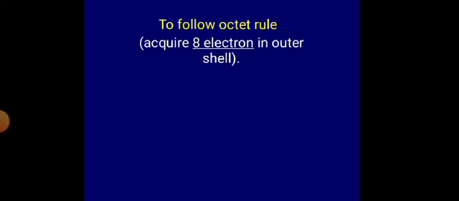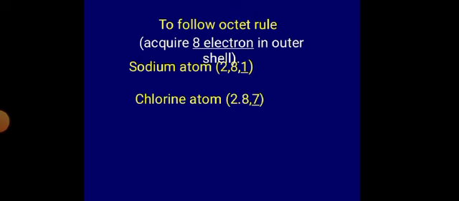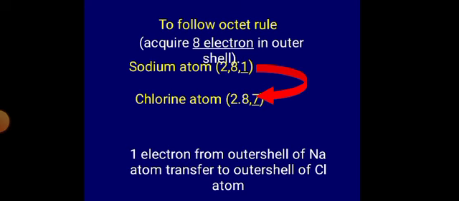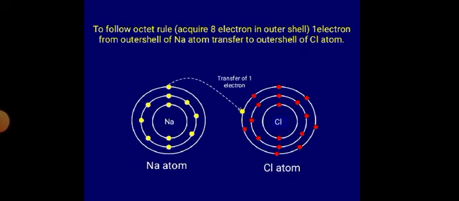So to follow the octet rule in sodium chloride, that means for getting 8 electrons in the outermost shell, sodium is losing one electron and chlorine is gaining one electron. In other words, one electron of the sodium atom has been transferred to the chlorine atom. Got it? Let's understand it with the help of a diagram.